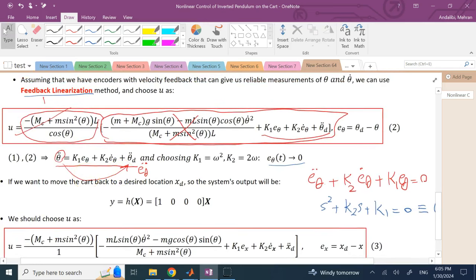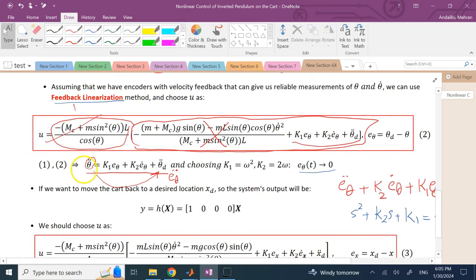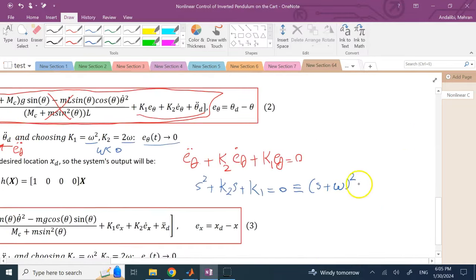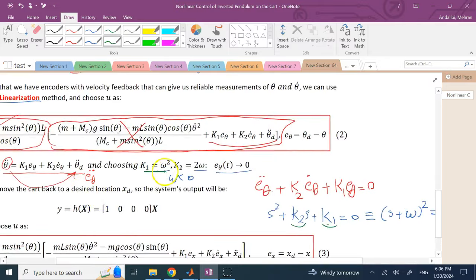So we just need to select some negative omega. This omega here is a negative number, and if that's the case, this is equivalent to s squared plus 2 omega s plus omega squared, then you can see that your k1 should be omega squared and your k2 should be 2 omega. And that is exactly what you can see over here and over here.